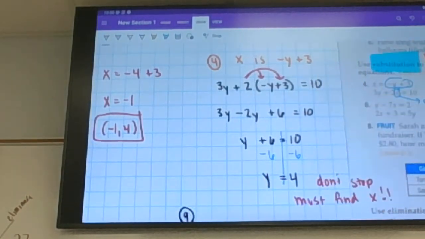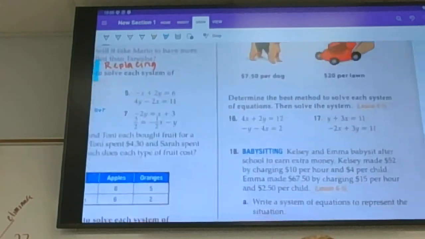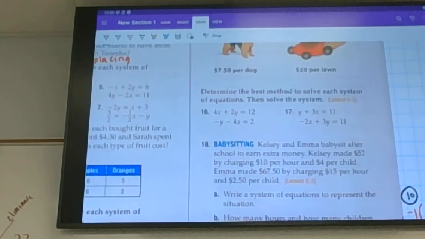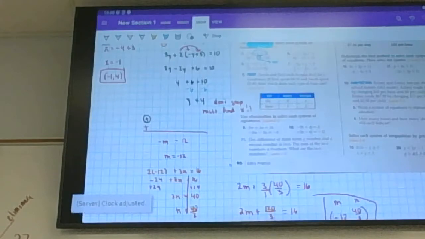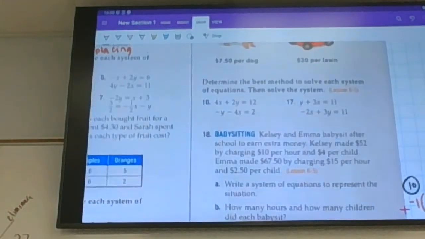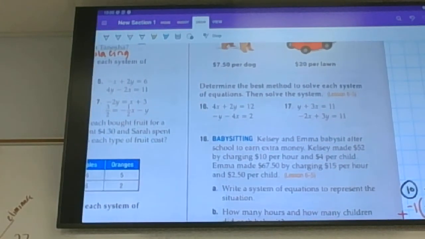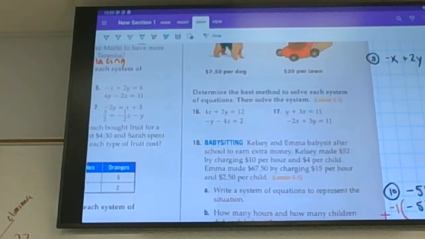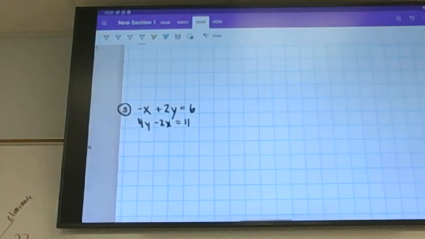Number 5. Number 5 is tricky on all levels. Okay. I'm just going to rewrite it over here. All right, this one is very tricky.